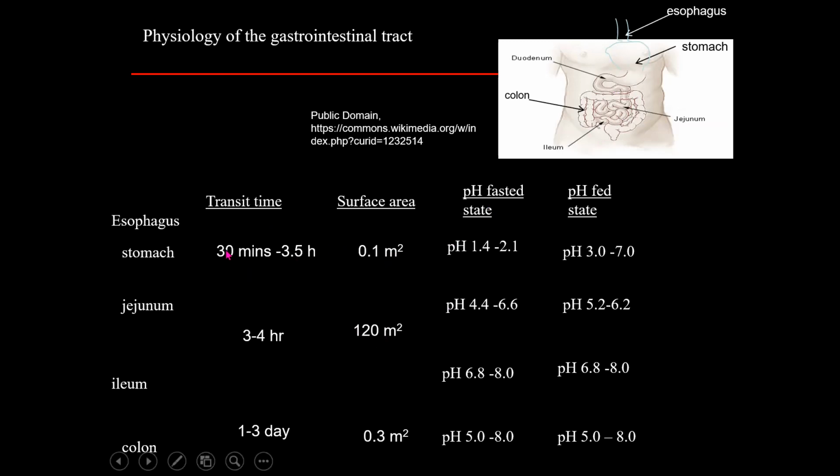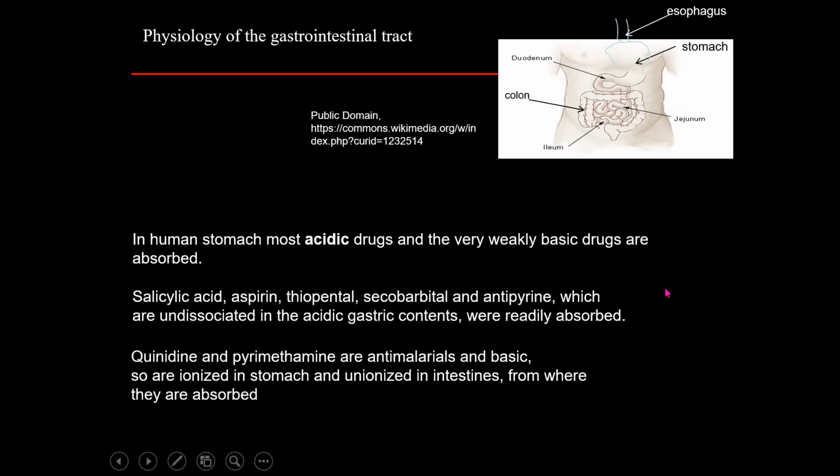And also the amount of time the drug remains inside is very small in the stomach compared to the jejunum or even the large intestine, where it remains much longer. So drugs mostly get absorbed in the small intestine, not in the stomach, because they remain a very short time in the stomach and the surface area is lower.